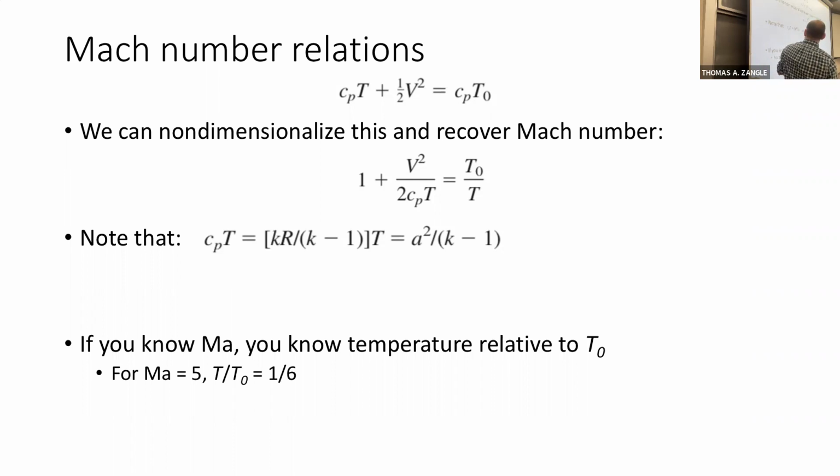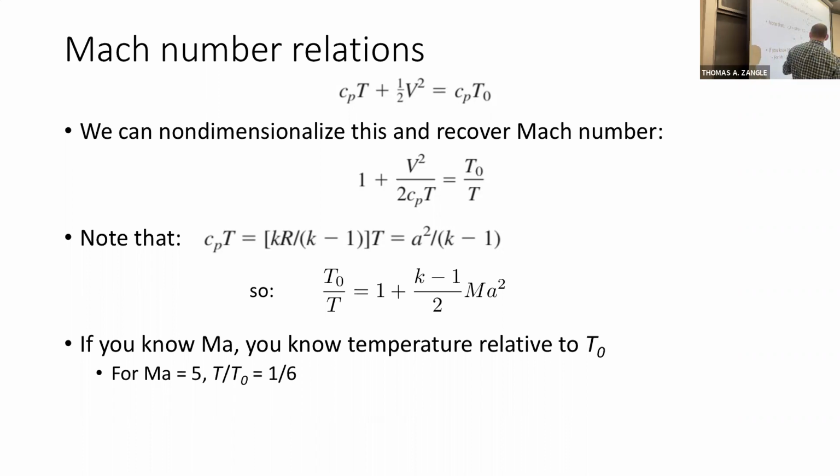And so what this is going to give us is an expression for the temperature within our fluid relative to the stagnation temperature, based on Mach number, so based on the velocity relative to the speed of sound.